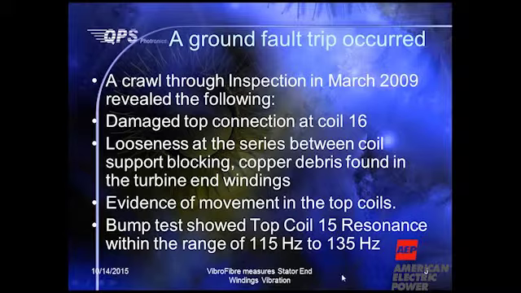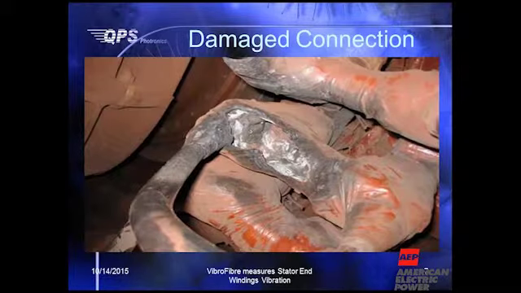Now, corrective action has been made, but what AEP wants to assure is that this problem would not occur again. By the way, these are some pictures showing you the damaged connection, and you can see that the insulation has all been burned.